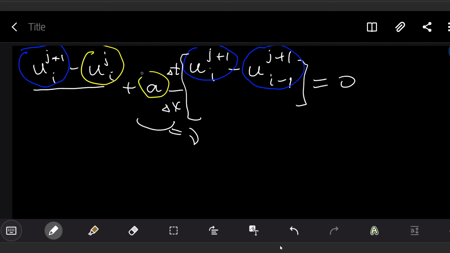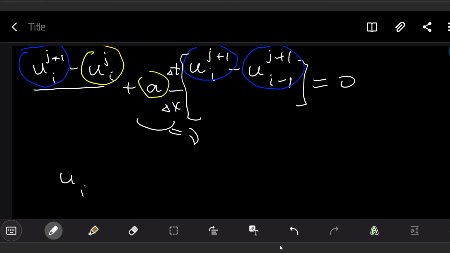Known values I will put on the right side of the equation, and all unknown values I will keep on the left side of the equation. Let's see what we have that is similar. We have this parameter and this parameter here similar, so it will be outside of the brackets.